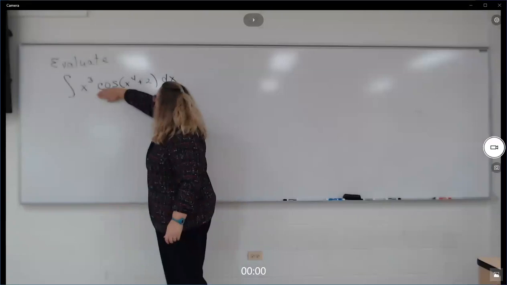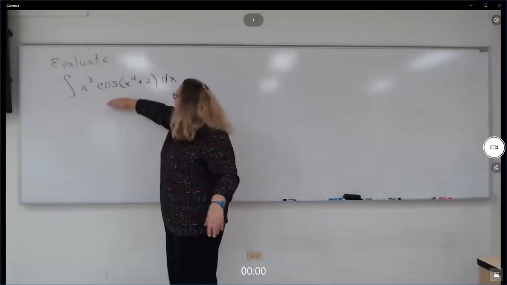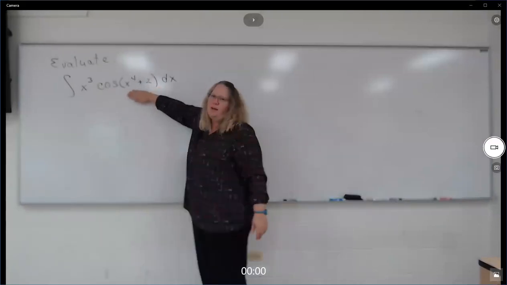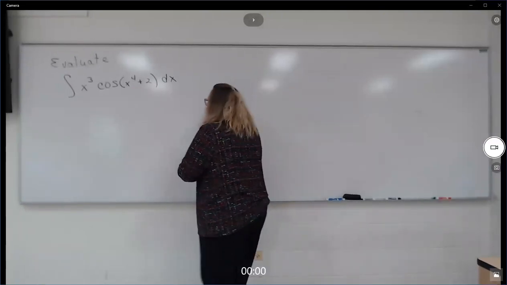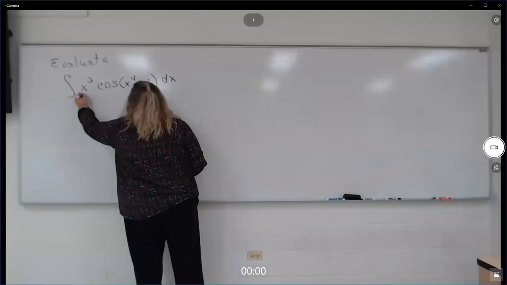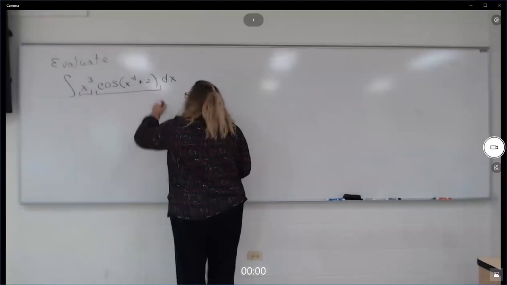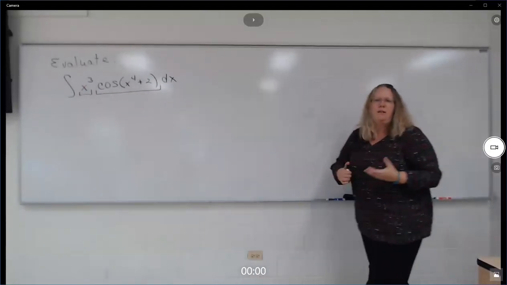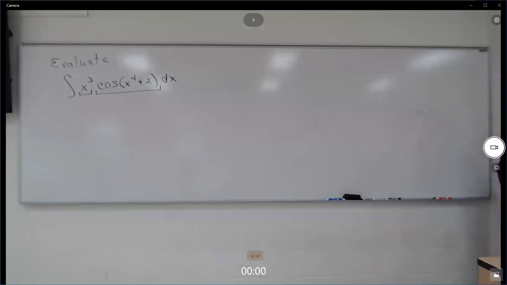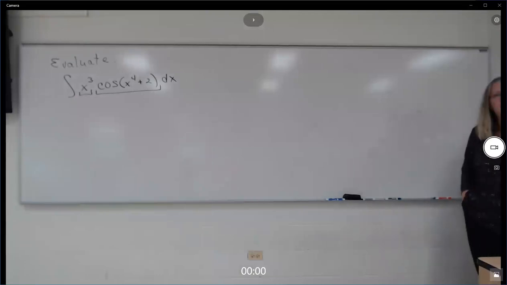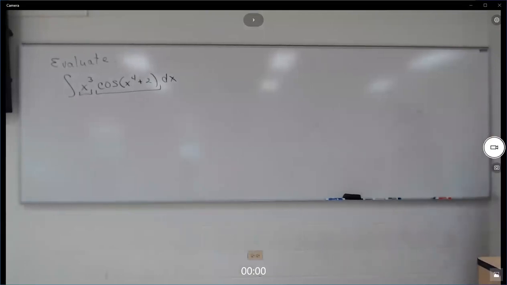Now remember, this does not mean cosine times x to the fourth plus 2 separately. But we do have multiplication here, x to the third, and then times this cosine. So that cosine is all together. A lot of times we use substitution when we have that multiplication, which we do.